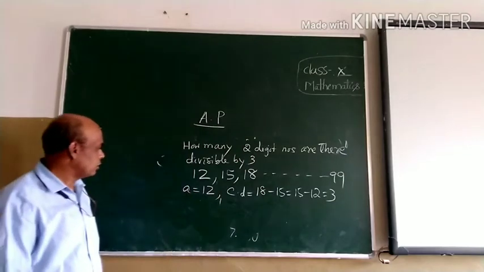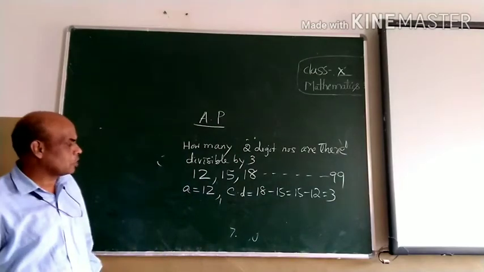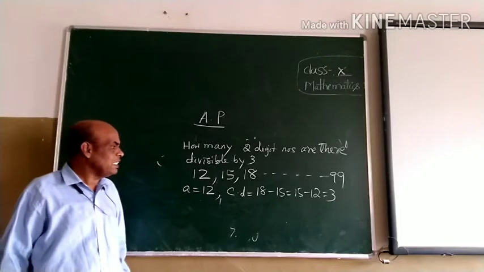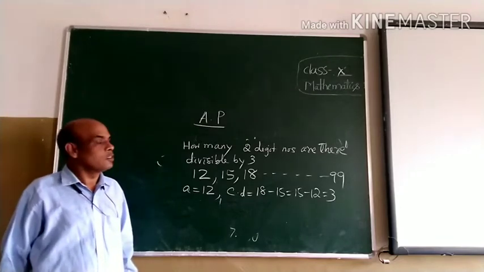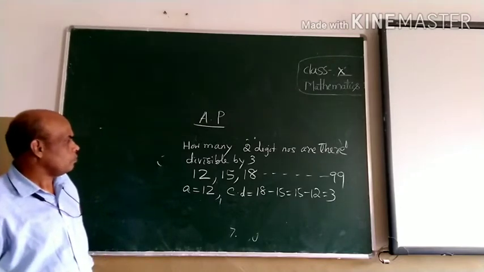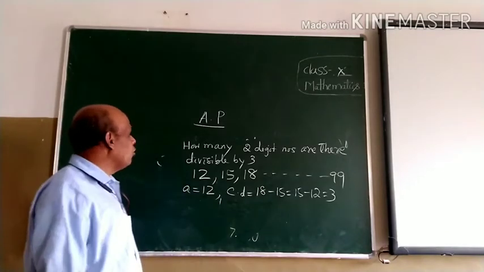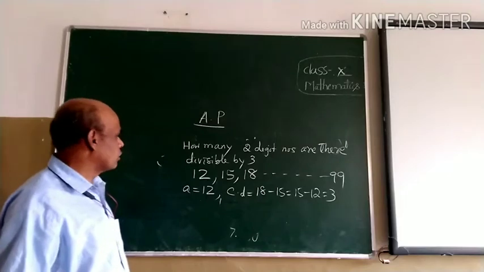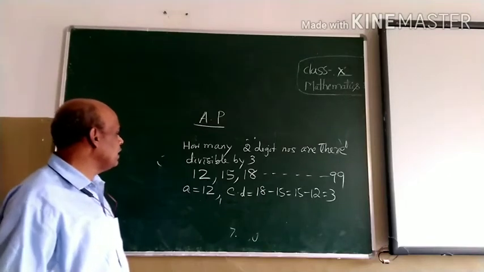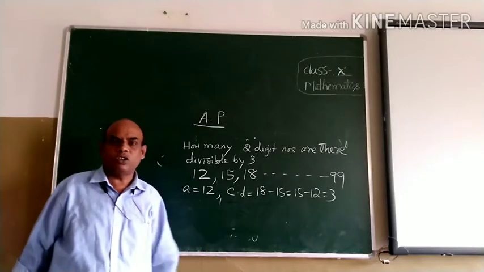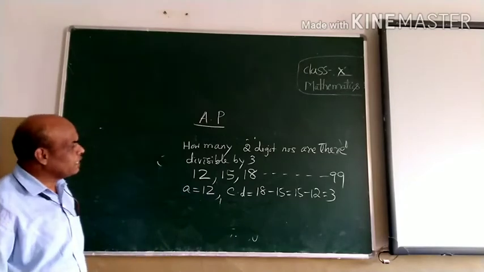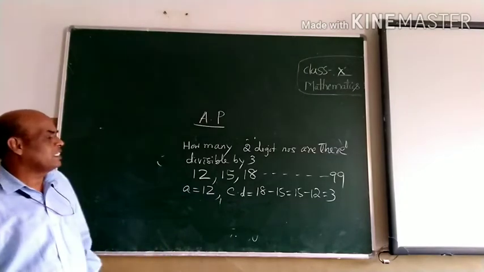So we got the first term 12 and the common difference 3. What is the question? The question is how many 2-digit numbers. How many 2-digit numbers there are is not known to us, it is not given.